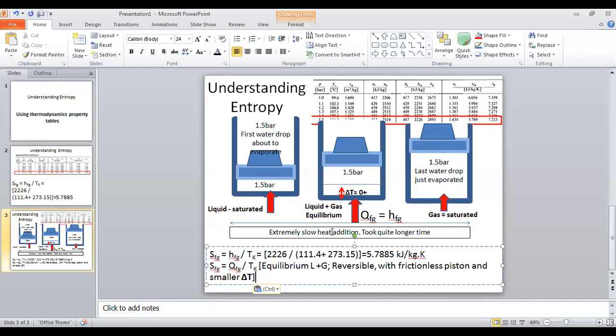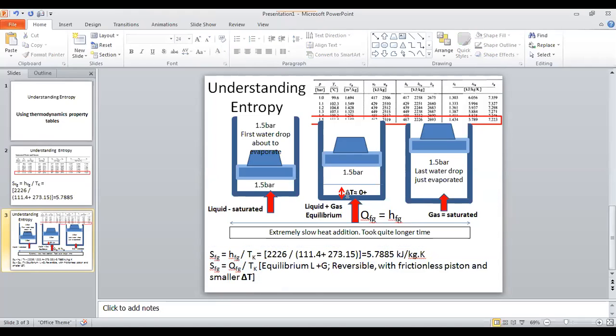In this experiment, with reversibility, SFG is QFG by TK. That is very important. SFG is not HFG by TK but QFG by TK: the heat addition divided by the temperature inside the system.